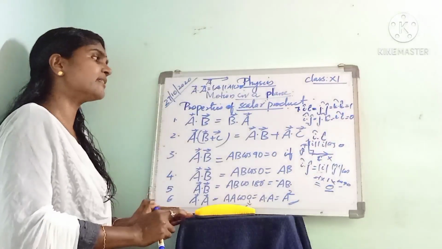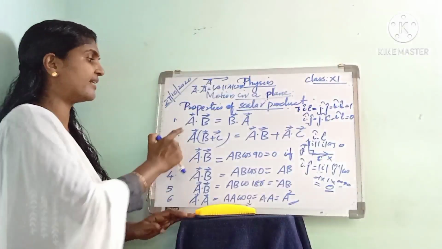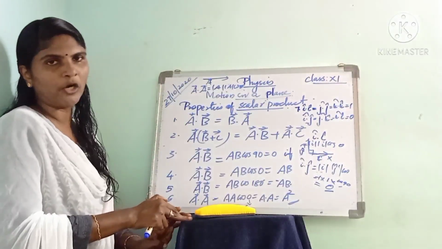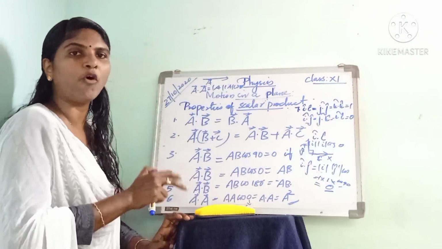The first property is, scalar product is commutative. So we can write A dot B is equal to B dot A. The second property is, scalar product is distributive over addition.